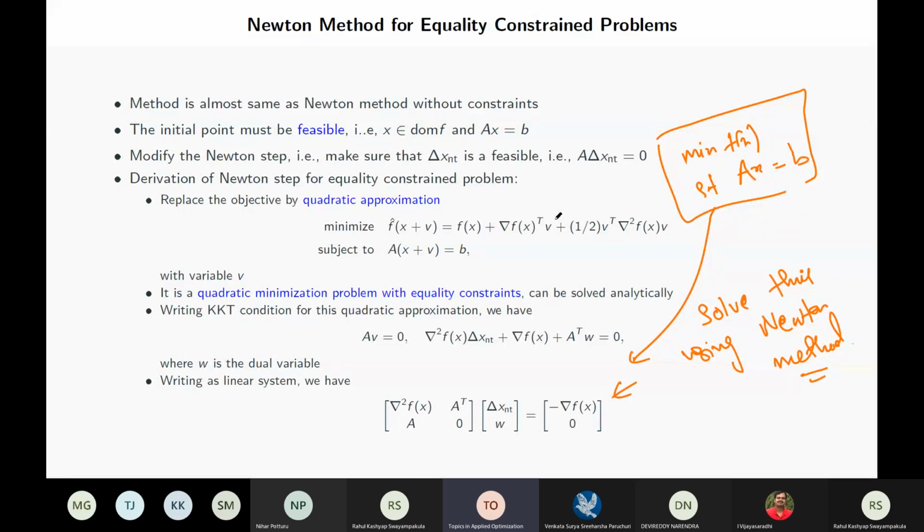Basically, you approximate it by a quadratic. That's the gist of Newton method: you do a local quadratic approximation, and then you write the KKT conditions, and that's what it boils down to.